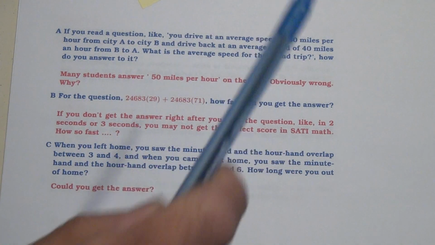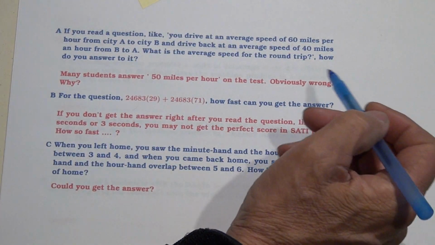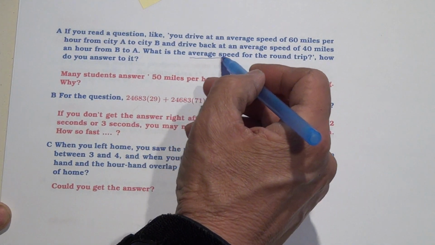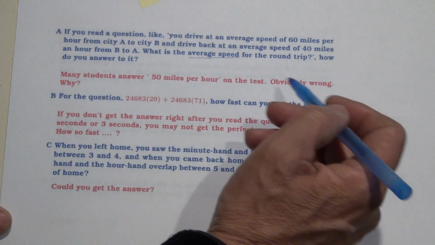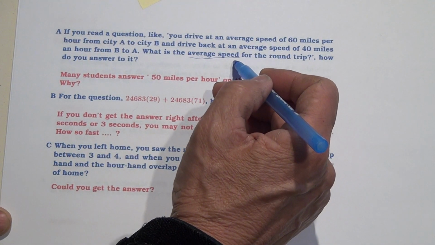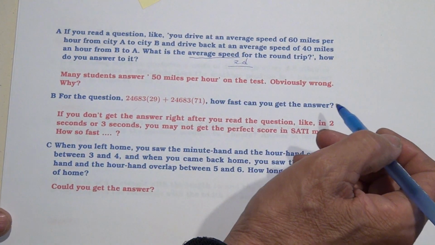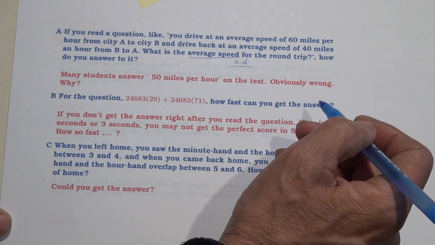Okay? If this question is so simple, it means it's kind of a trap. You just answer 50, then you get it wrong. Why? The question is average speed. To get average speed, you have to divide the total distance, in this case 2d, by time. If we say the one way is d, then 2d will be the round trip distance.